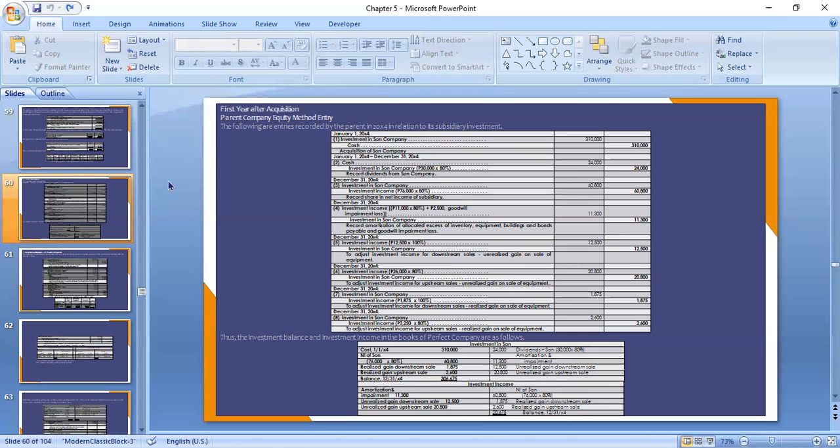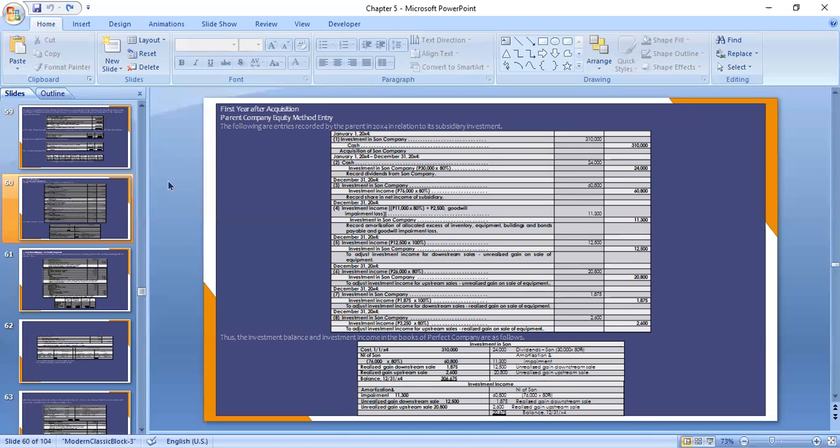Okay, so these are the very important entries in connection with the use of the equity method, the investment balance and investment income in the books of the parent companies.